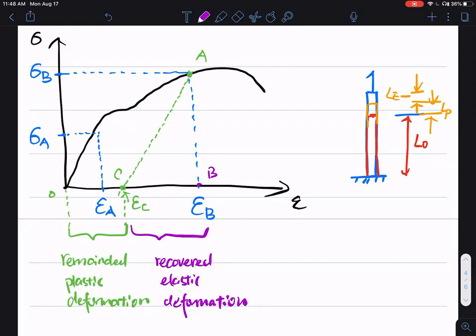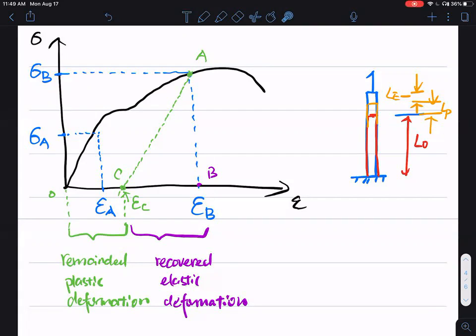So if you have any load that is larger than your yielding stress, for example, sigma B, and you read the strain, starting from 0 all the way to point B, that strain contains partially elastic deformation and partially plastic deformation.